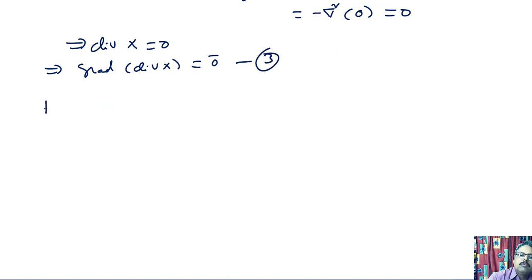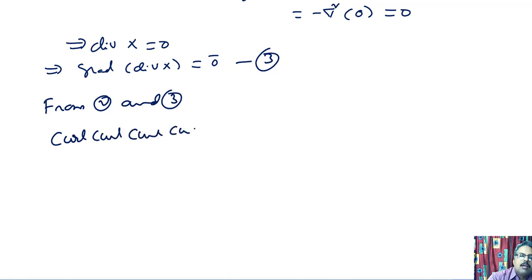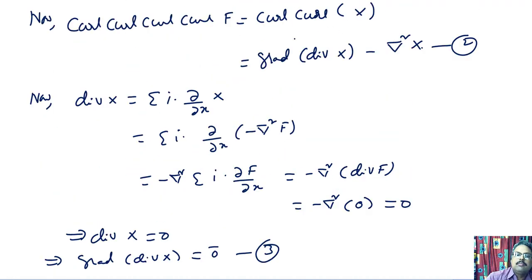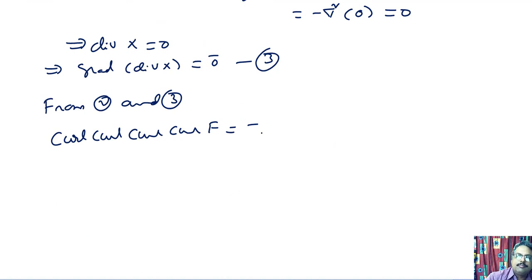This term is 0. Now from 2 and 3, curl curl F equals, now what is the term? This term is 0, minus del square X. What is X?